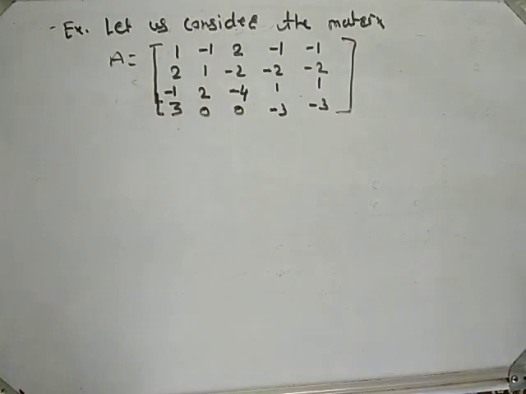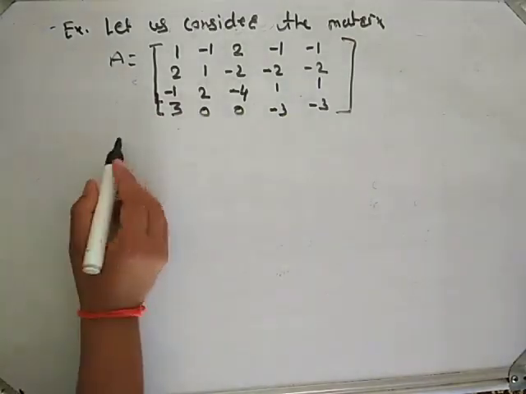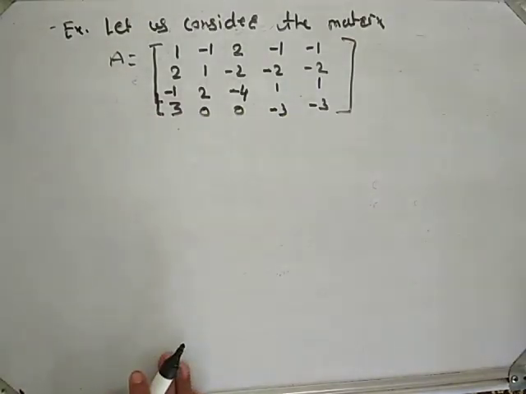Okay, see here, we have to obtain the reduced row echelon form and row echelon form of this matrix.